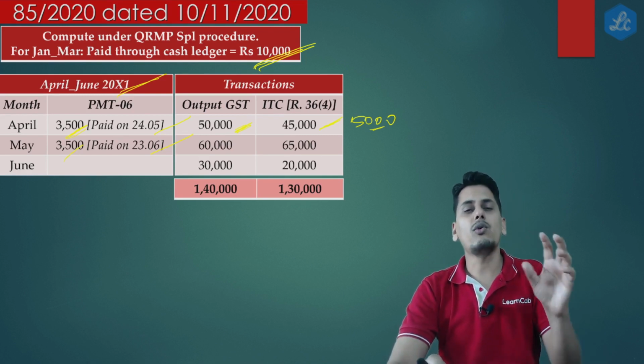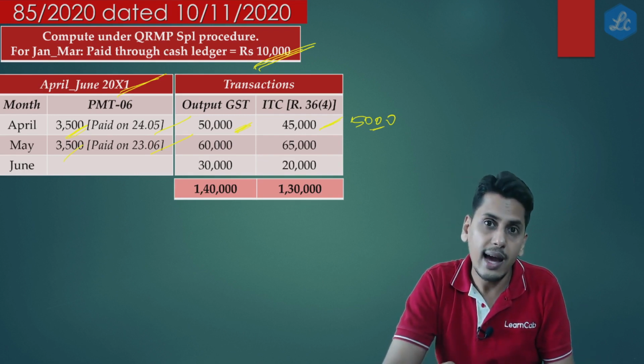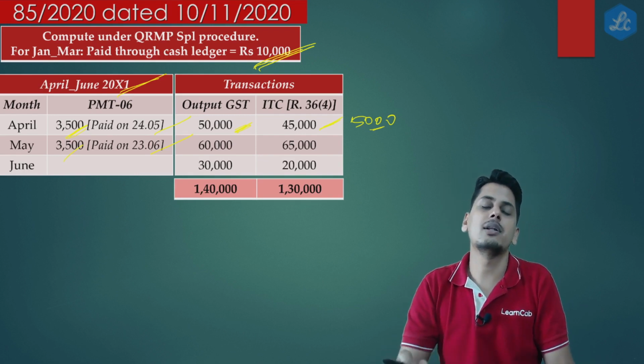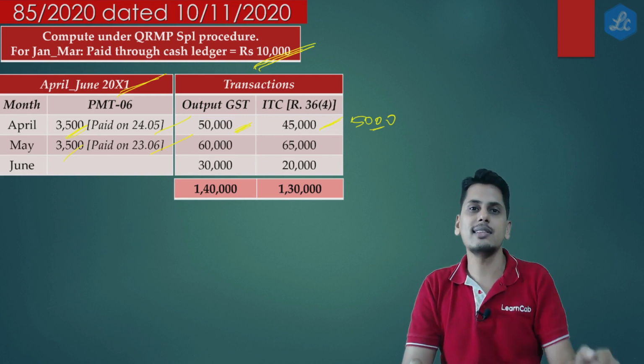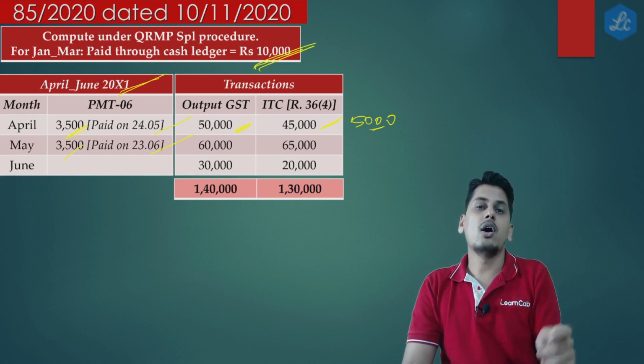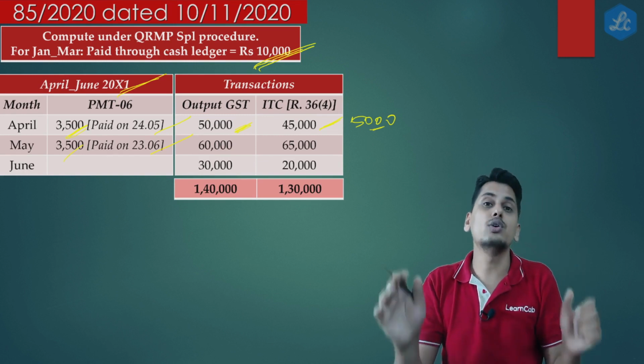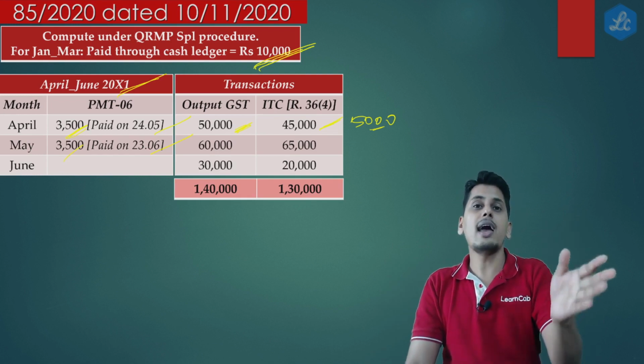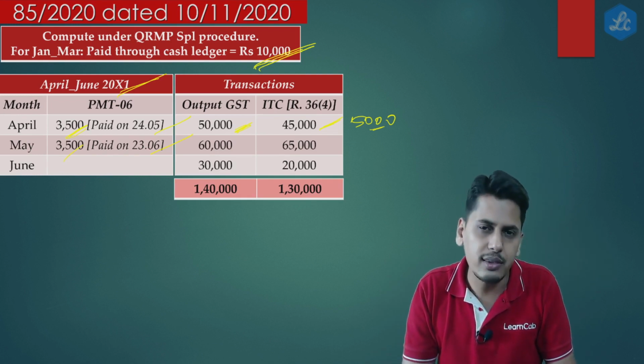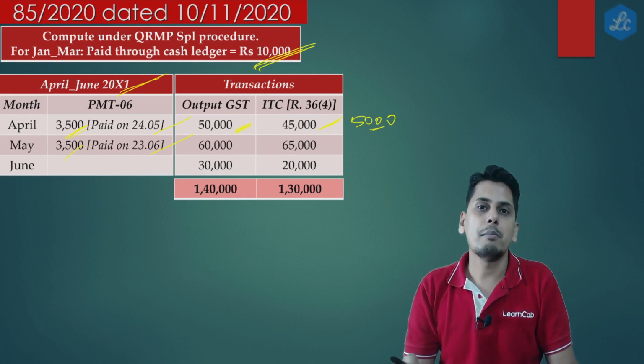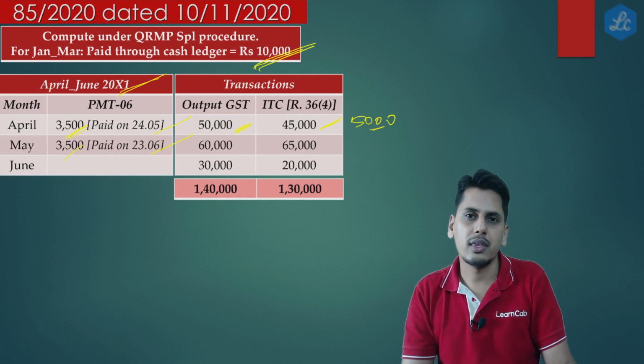Friends, what was the reason behind introducing this special procedure? The reason is to save the time of the taxpayers in doing the actual calculations. If they had to do the actual calculations each month, they would very well have gone under the monthly return, monthly payment scheme.